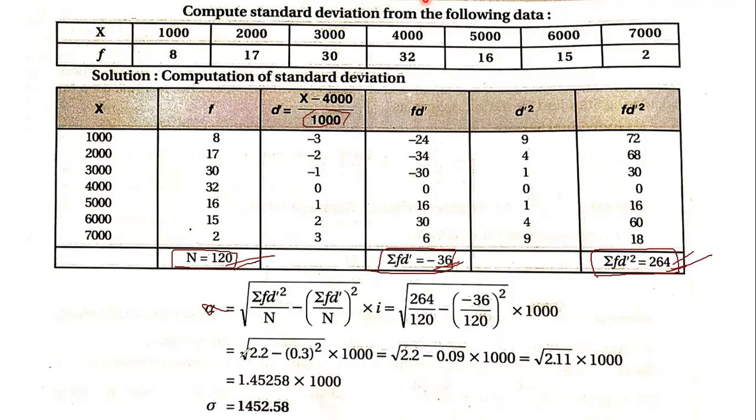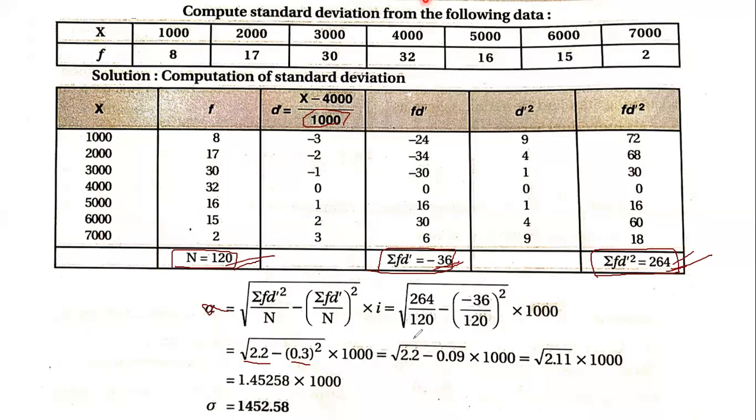Next, we are going to simplify this. Square root of 264 by 120 will give you the value of 2.2, minus 36 divided by 120, which will give you 0.3. First you have to do the division, and I'm keeping the square as it is, into 1000.